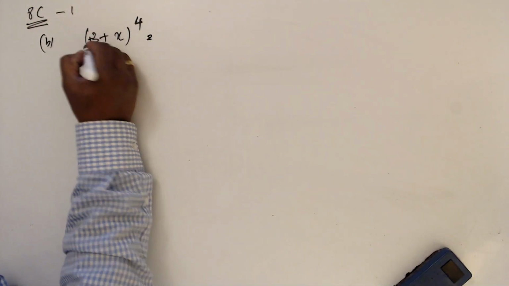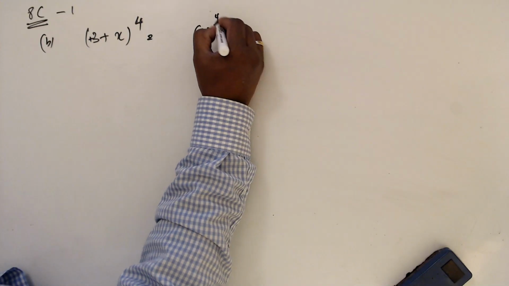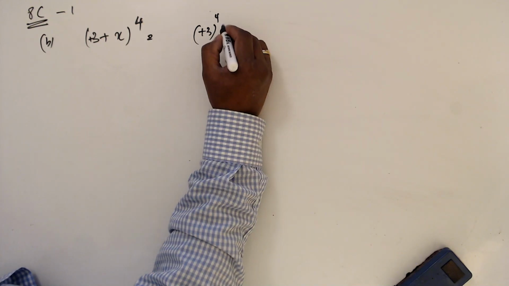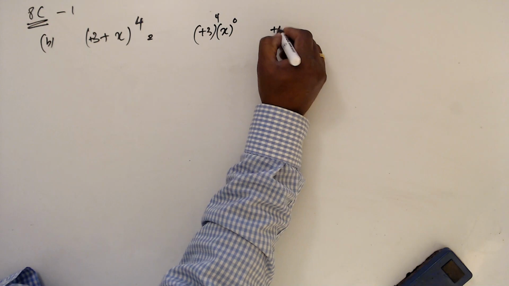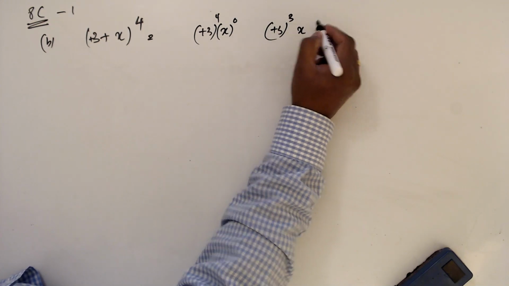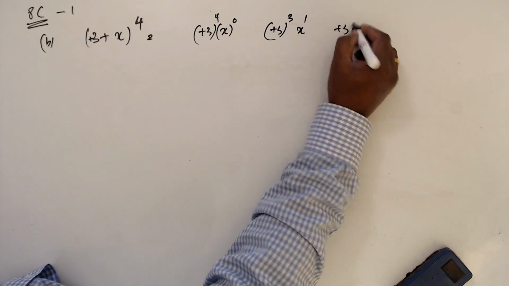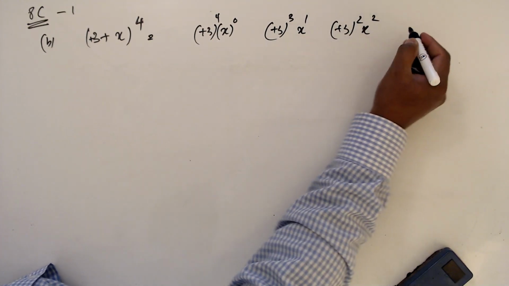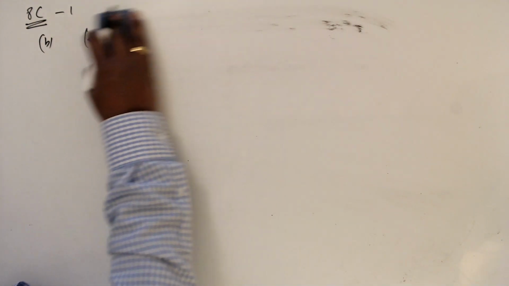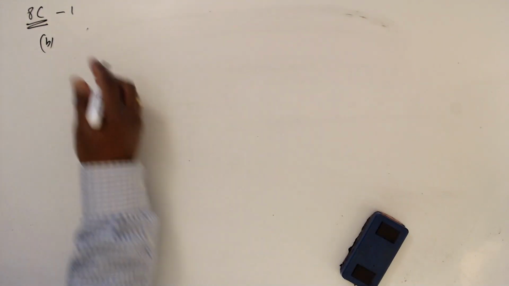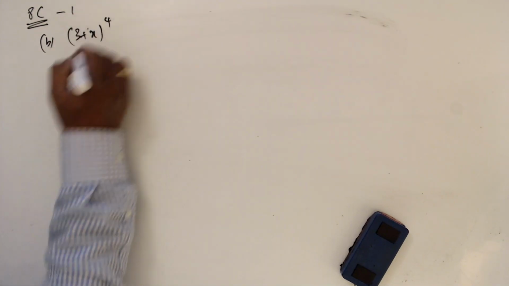There are two terms, plus 3 and plus 4. So plus 3, 4, x0 plus 3, 3x1 plus 3, 2x2 plus 3. Okay, I will rework again. 3 plus x4.